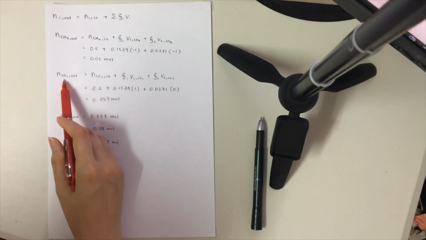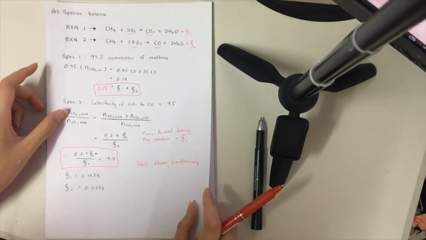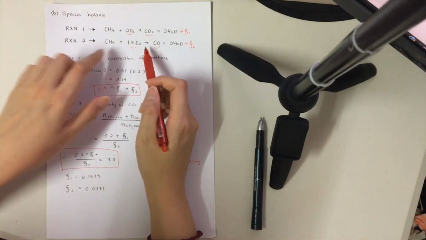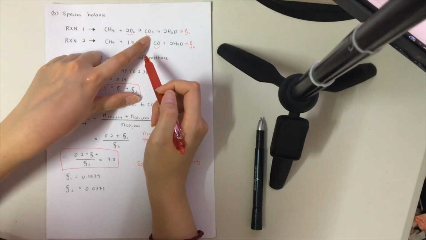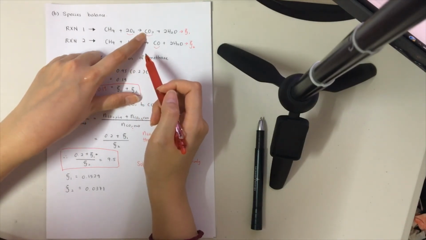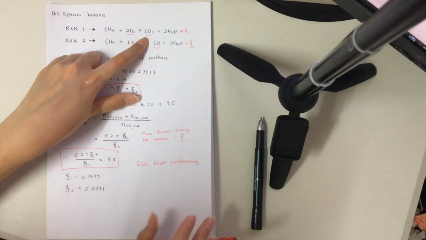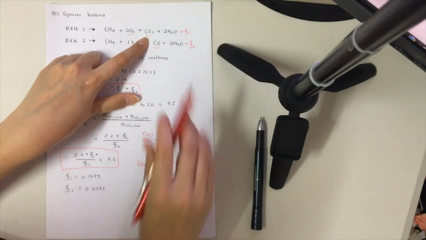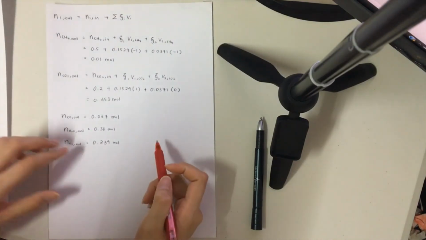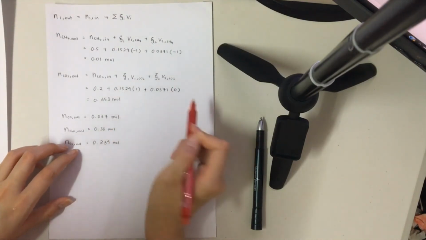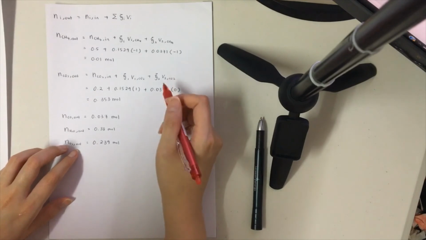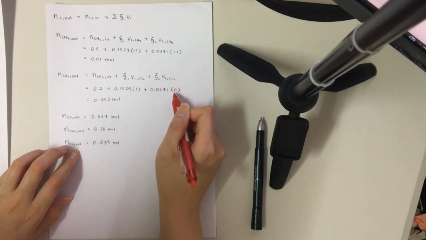So CO2 is being produced in reaction 1. The stoichiometric number here is positive 1, so you will use extent of reaction 1, like so.